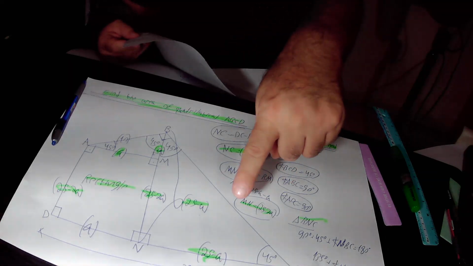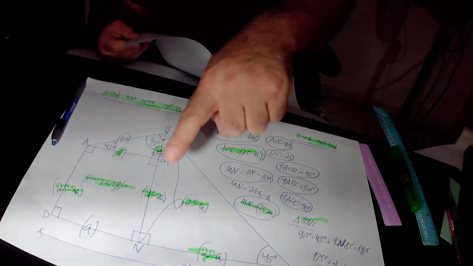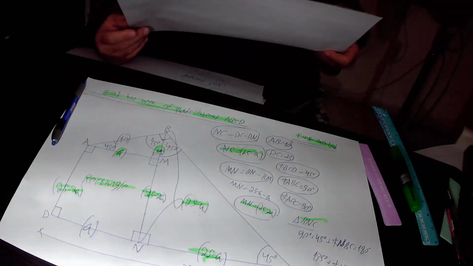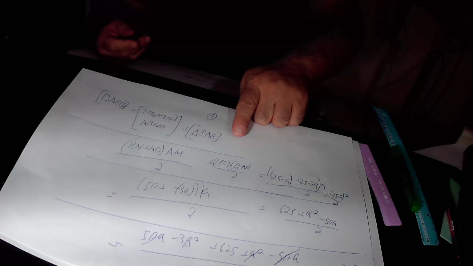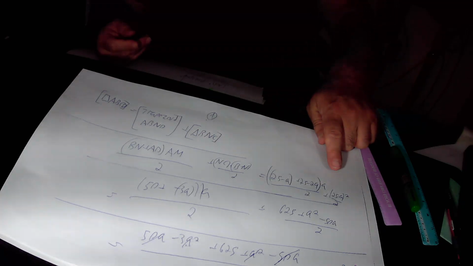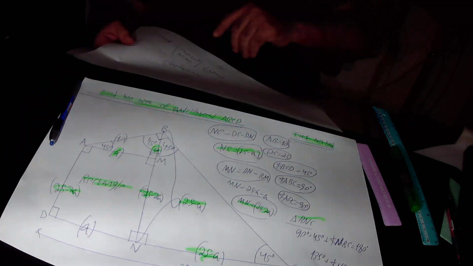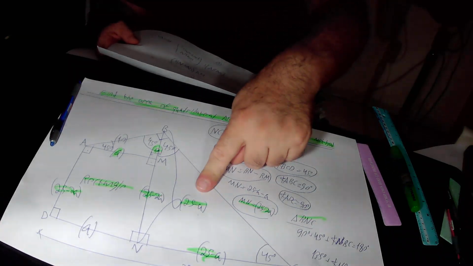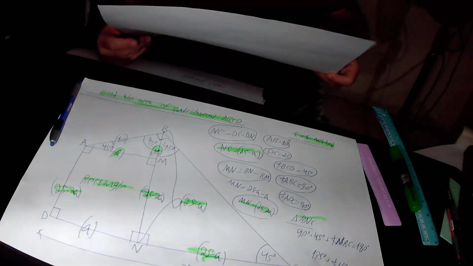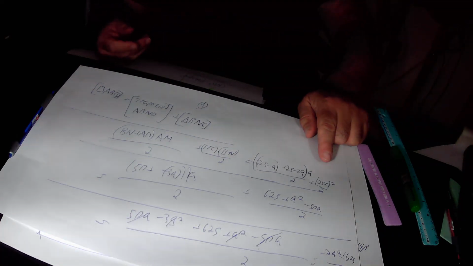NC is 25 minus A, and BN is also 25 minus A. So the base is 25 minus A, times the height, also 25 minus A. 25 minus A times 25 minus A is 25 minus A squared, divided by 2.